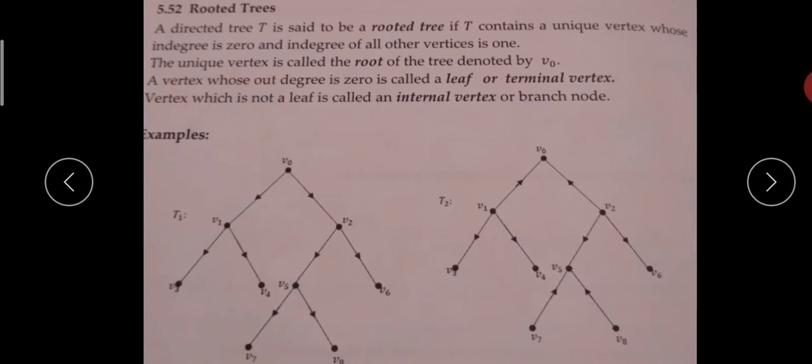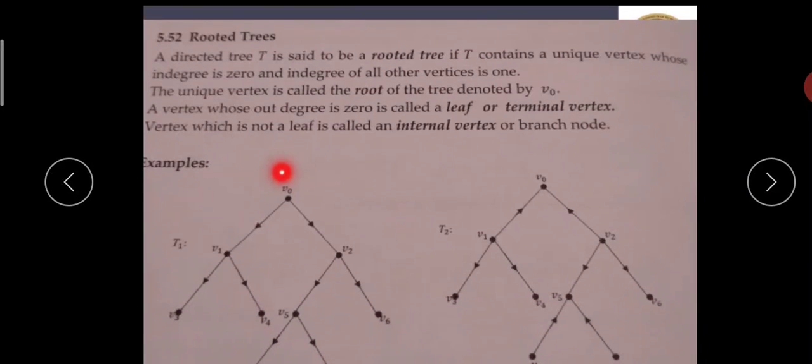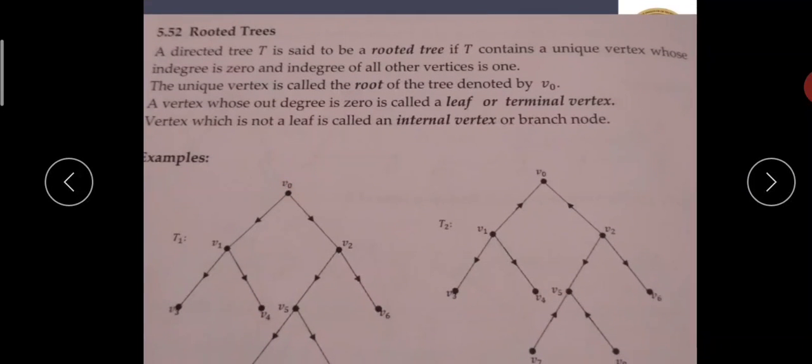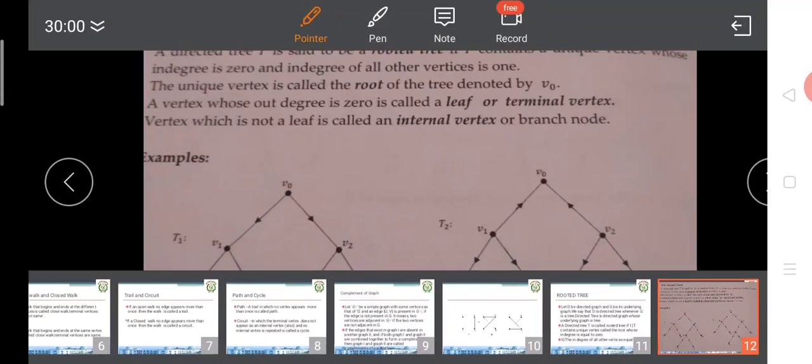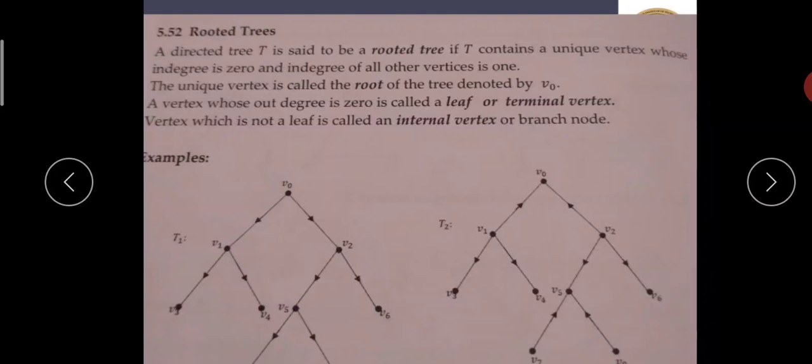A directed tree is said to be a rooted tree if it contains a unique vertex whose in degree is 0. If you observe this first graph, in degree is 0, so this is a root. And for the other vertices, in degree is 1. This is the unique vertex, called root, V0.